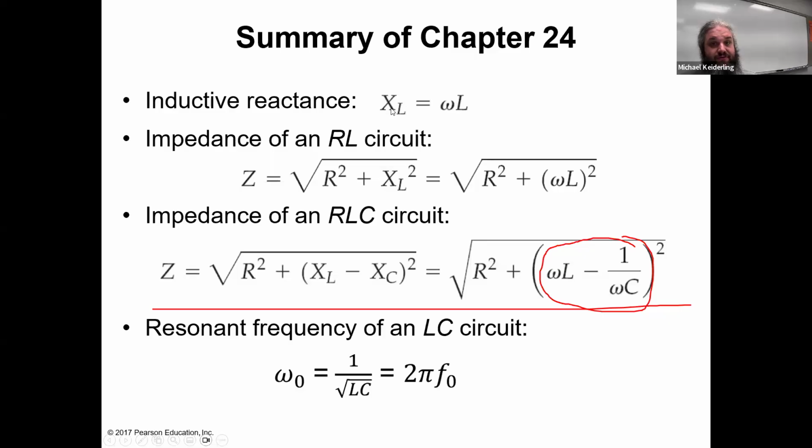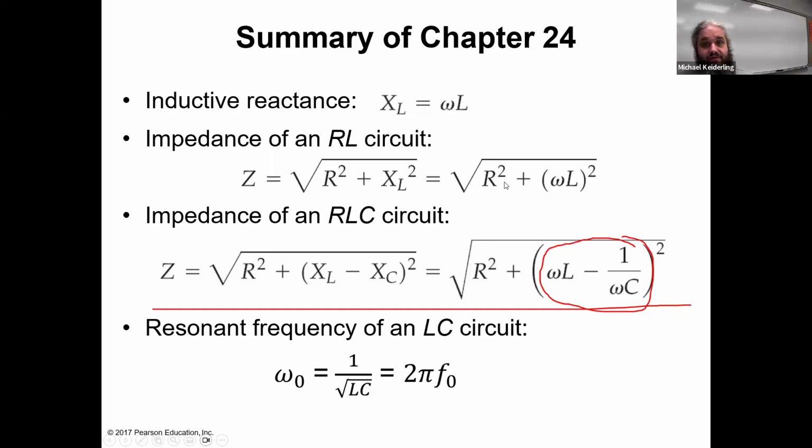Now, for an inductor, it's sort of the opposite to a capacitor. The inductive reactance is omega L. And the impedance of an RL circuit is the square root of R squared plus XL squared.